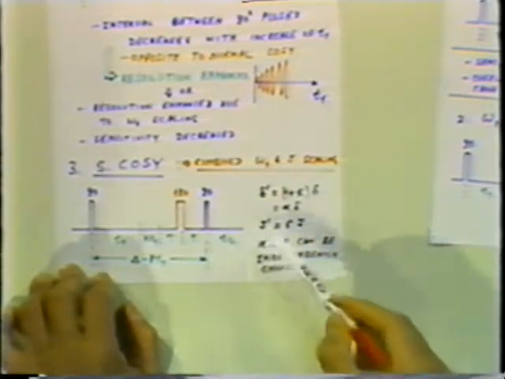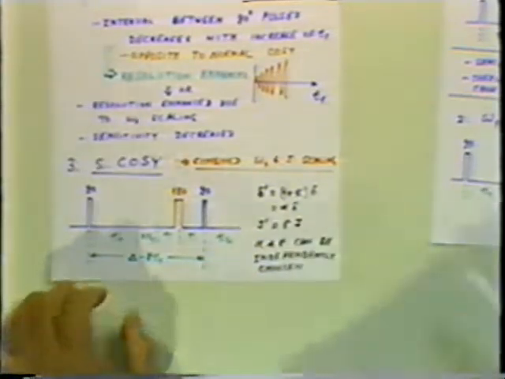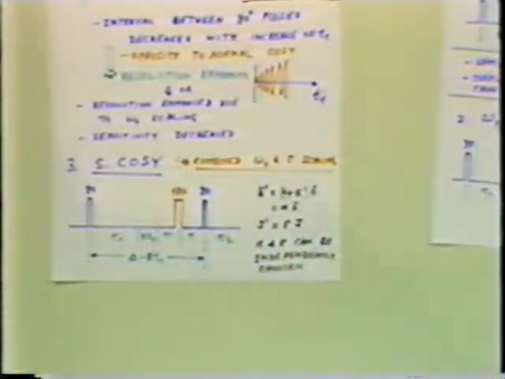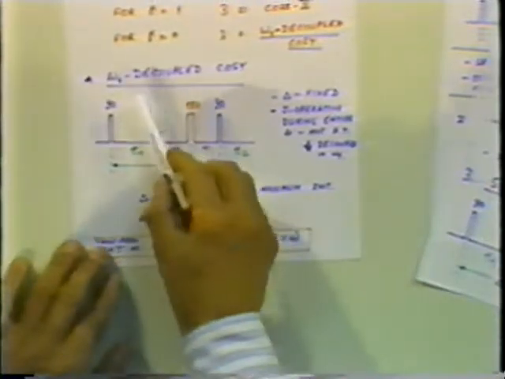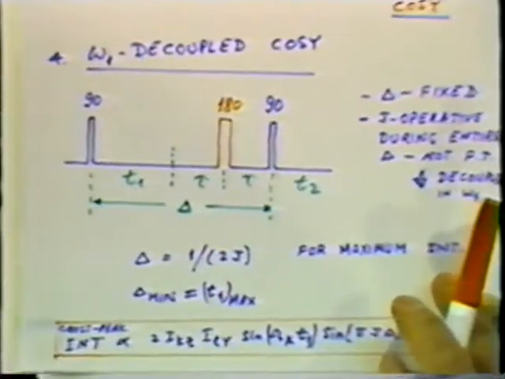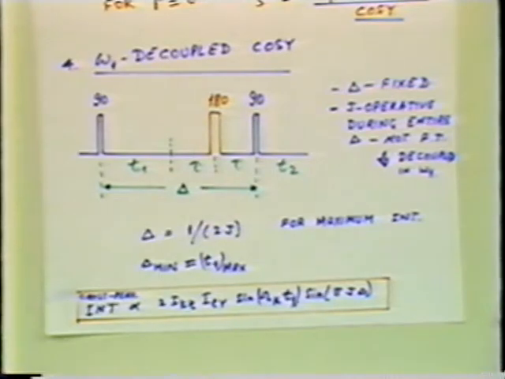And the J prime would become 0. That means the splitting due to J will disappear. But you still have your experiment, and that is called omega-1 scaled, omega-1 decoupled COSY. That is, you are decoupling the J coupling in the T1 dimension. And it is exactly the same experiment. What we've done is put gamma equal to 0.